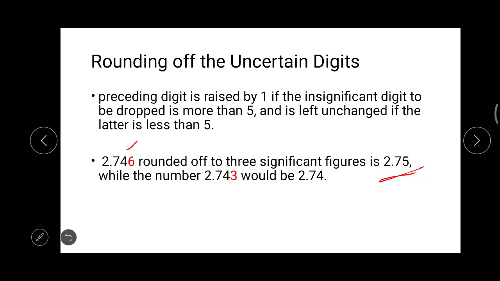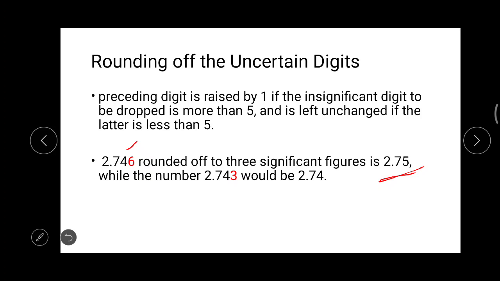The preceding digit is raised by 1 if the insignificant or uncertain digit to be dropped off is more than 5. Suppose the uncertain digit or insignificant digit is less than 5, then the preceding number should remain unchanged.